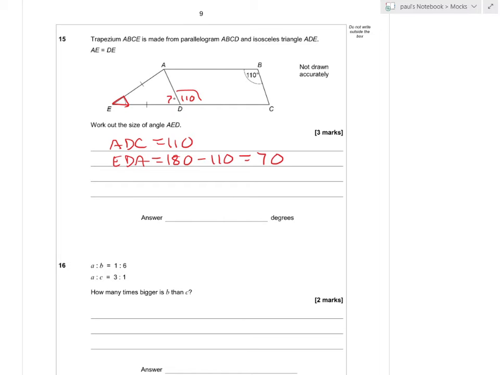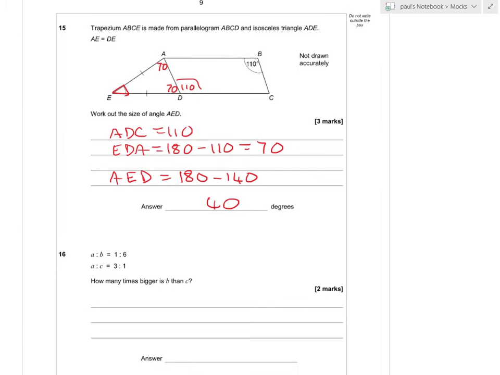So that's 70. And this one's 70 as well, because it's in an isosceles triangle. So AED equals 180, all the angles in a triangle, take away these two, 140, which equals 40 degrees.